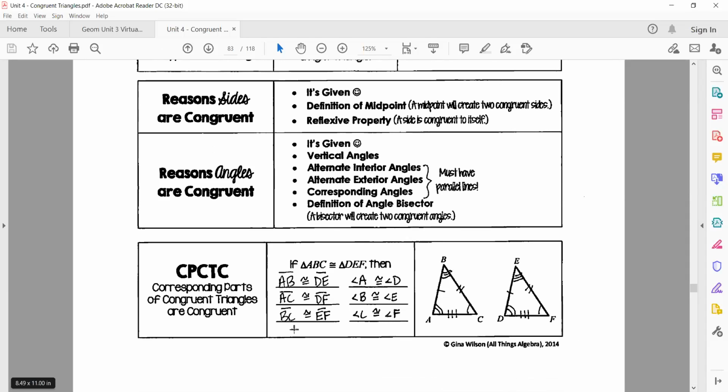The bottom of the page here shows you how corresponding parts of congruent triangles are congruent can be used when you have a congruency statement. Perfect example. If you analyze this, you'll see that the order tells you everything that you need. Again, for the angles, first position corresponds: A and D. B and E in the second position go together.